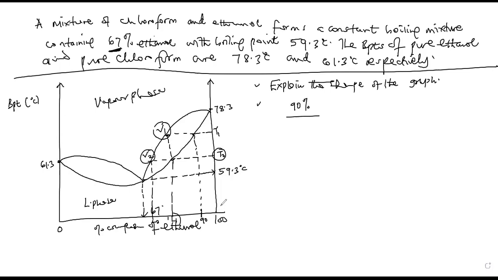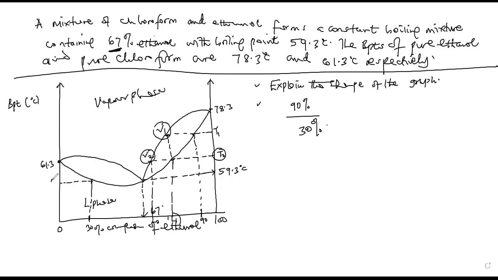What if they say 30% of ethanol is distilled? If you are distilling 30% of ethanol, now we'll come and look for 30% of ethanol, maybe here. So that 30% of ethanol will be heated.